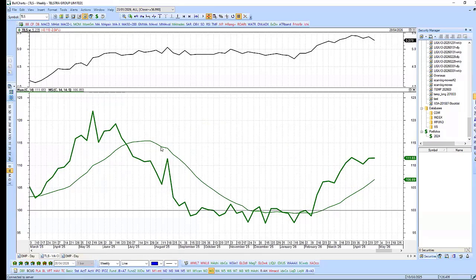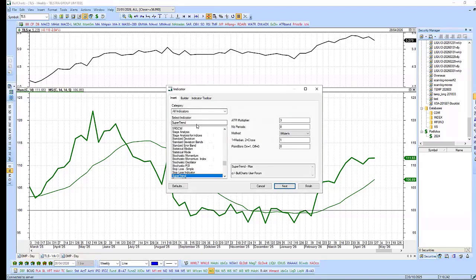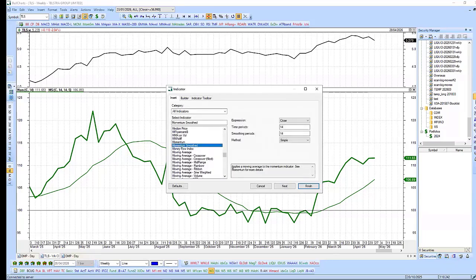So this is the 14 period momentum on a weekly chart, and the smoother curve is the moving average of momentum. In Bull Charts, that's actually called momentum smoothed. If you wanted to insert that indicator onto your momentum, what you need to do when you insert indicator is look for momentum smoothed.